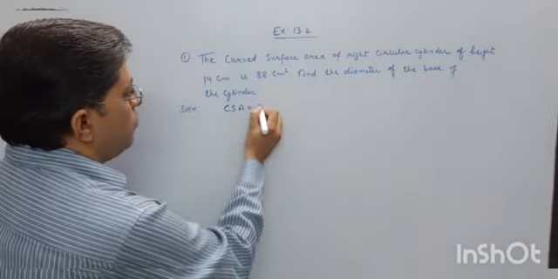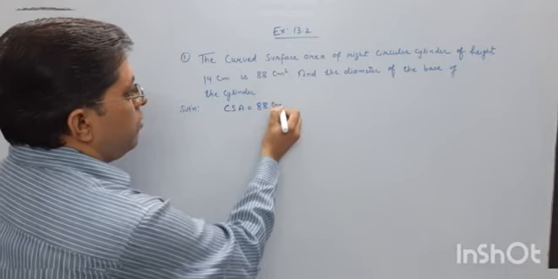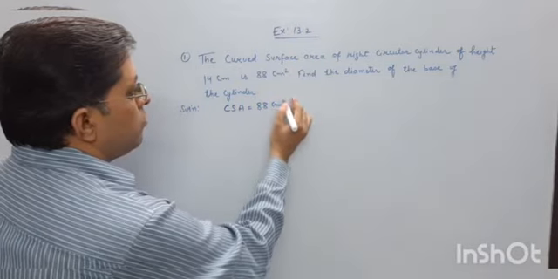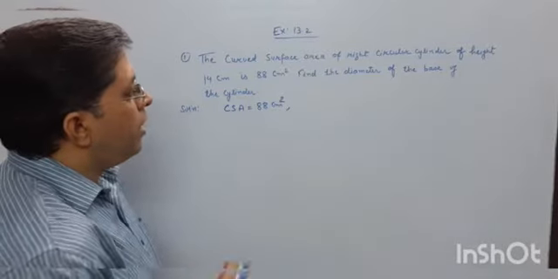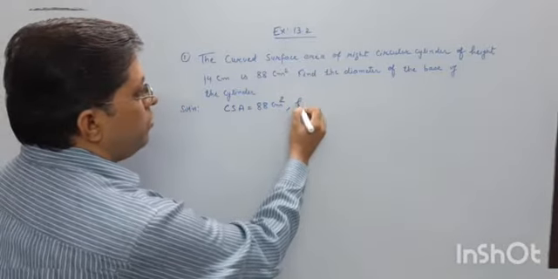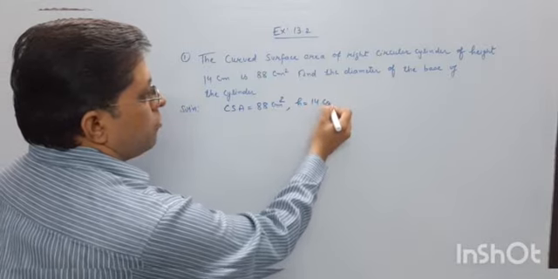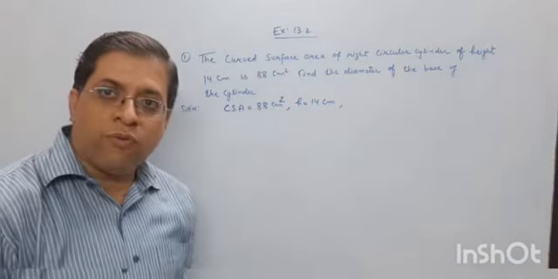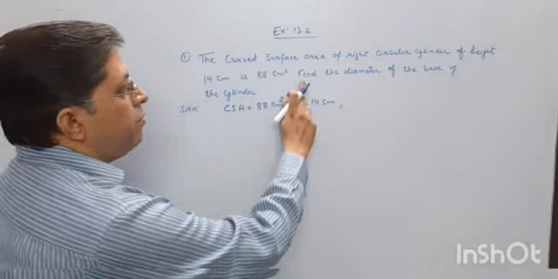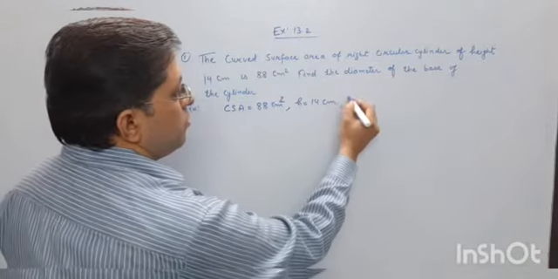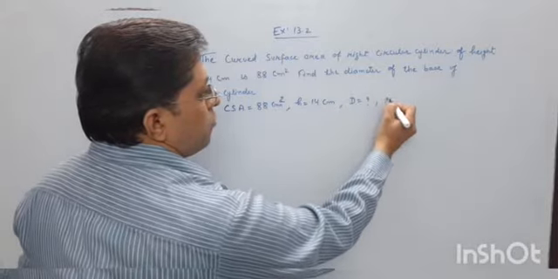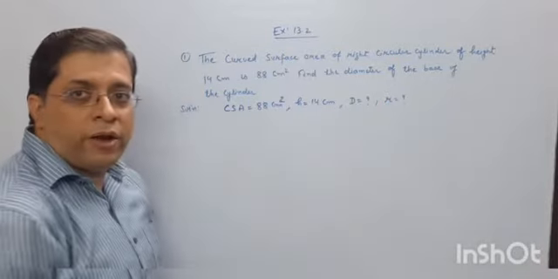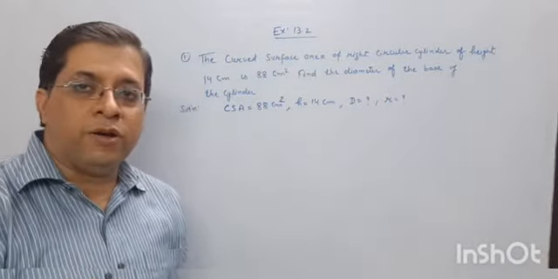CSA is given to you 88 centimeter square and height is given to you 14 centimeter. What you have to find out? You have to find the diameter of the base. Actually R is also not given to you. First you find out R, then multiply by 2.